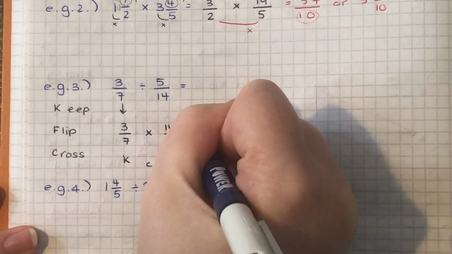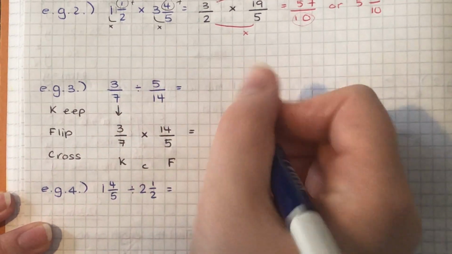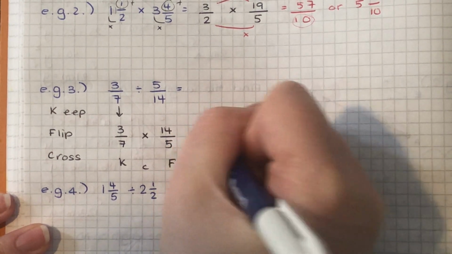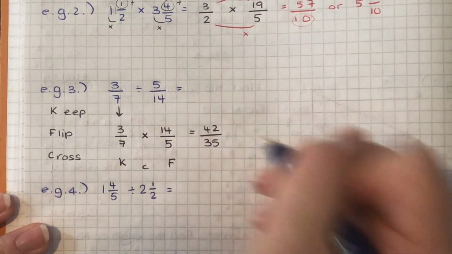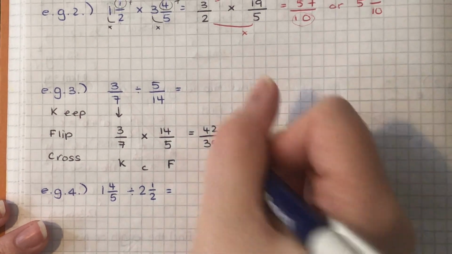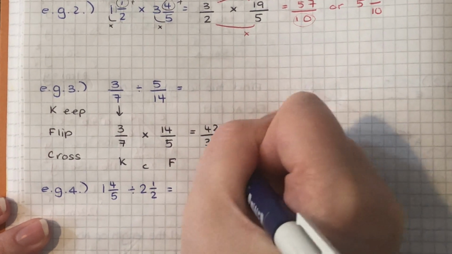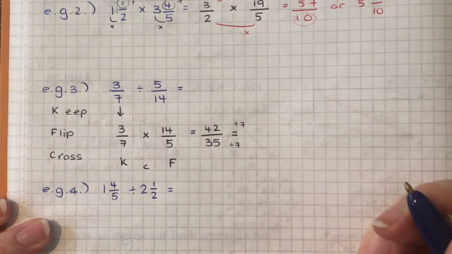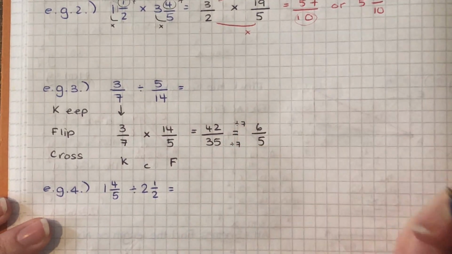Then we can multiply them together. So 3 times 14 is 42. 7 times 5 is 35. Now 7 goes into both of those, so I'm going to divide both by 7, which gives us 6 over 5.